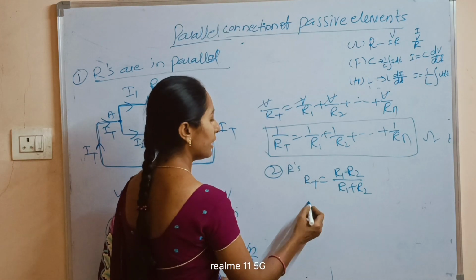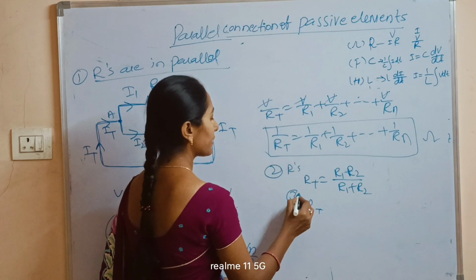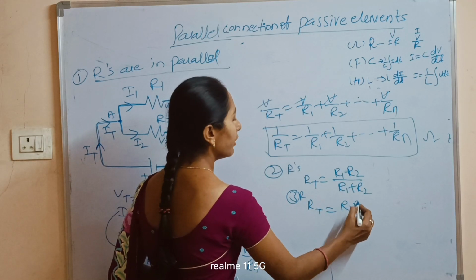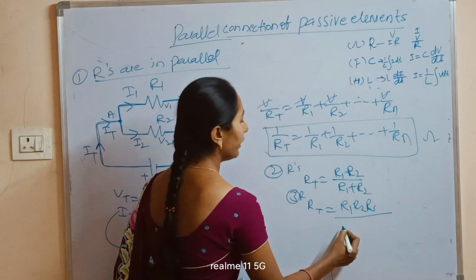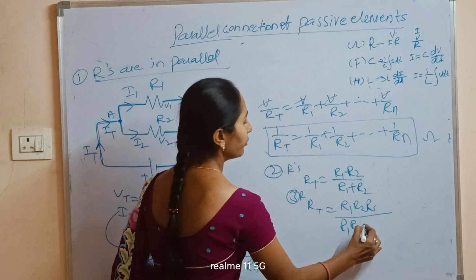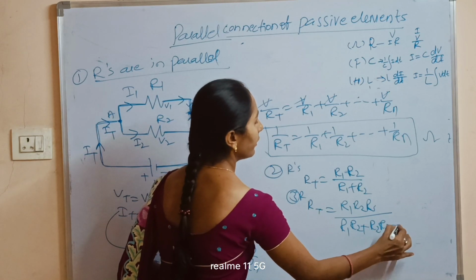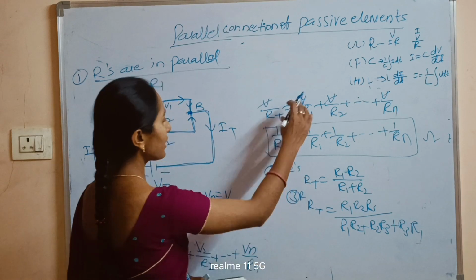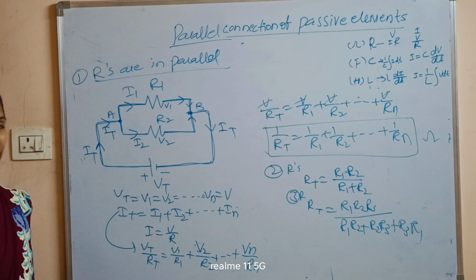Now if three resistors are in parallel, R total equals the product R1 R2 R3 by R1 R2 plus R2 R3 plus R3 R1. So, this is parallel connection.